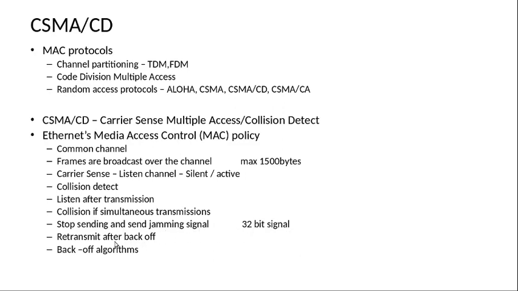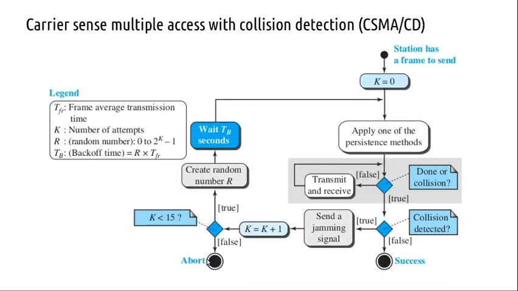Then it will back off and retransmit. There are specific back off approaches for CSMA/CD. So this 32-bit jamming signal is what informs all the nodes that a collision has taken place.